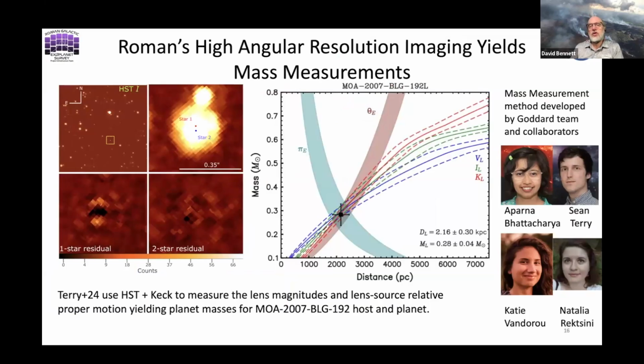Okay, so a big advantage of Roman is that we can get host masses for a lot of the planets found by microlensing. This is something that we don't necessarily get directly from the microlensing data, because we can find planets that are orbiting stars that we don't detect.